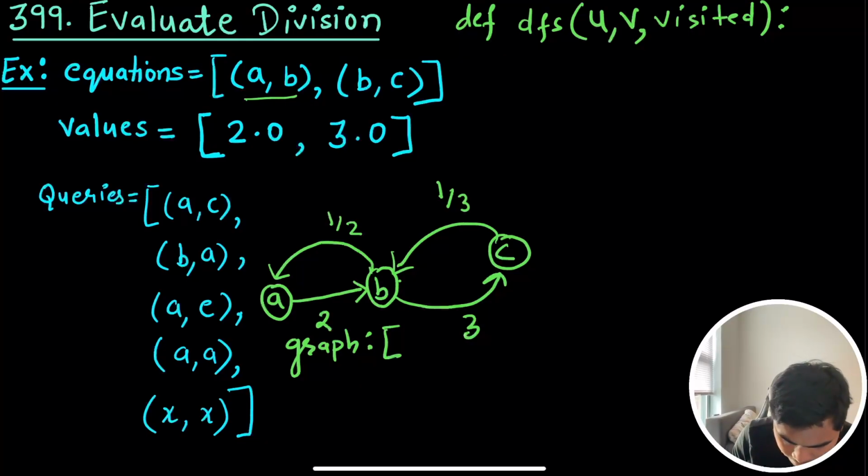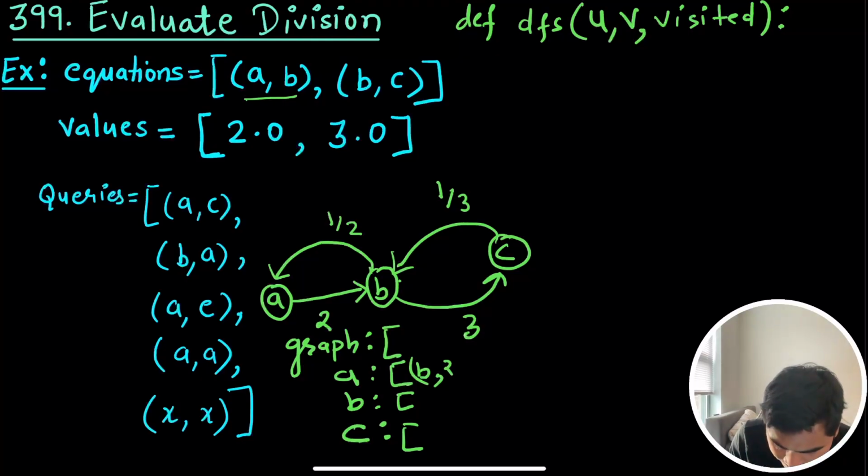So now here, I'll have all these nodes, A, B, and C, and all these nodes are going to have the neighbors that they have. What are the neighbors of A? Well, A's neighbor is B, and at the same time, I'm going to store the weight associated with that. Then there is a path from B to A as well.